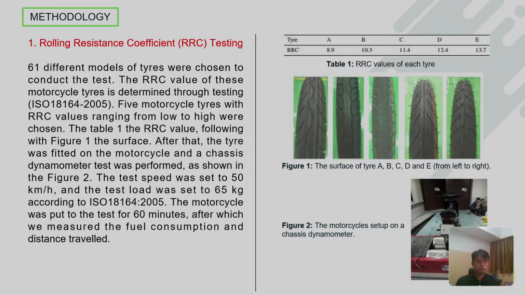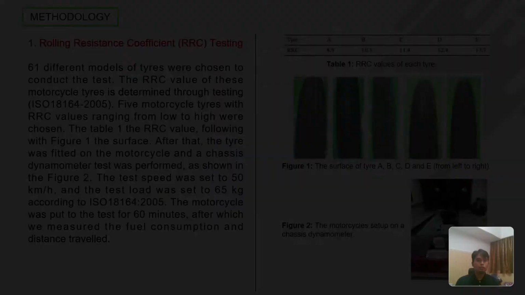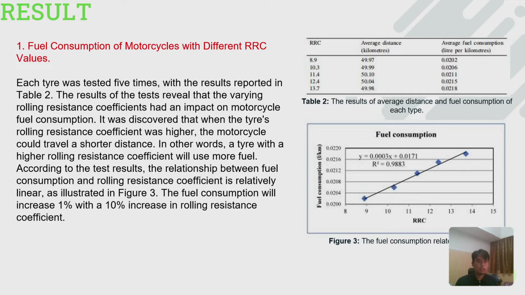The motorcycle was put to the test for 60 minutes, after which we measured the fuel consumption and distance traveled. So the result is each tire was tested 5 times, with the result reported in Table 2.